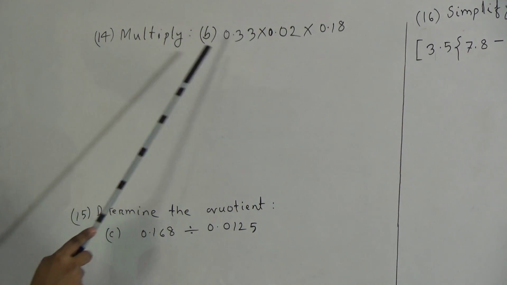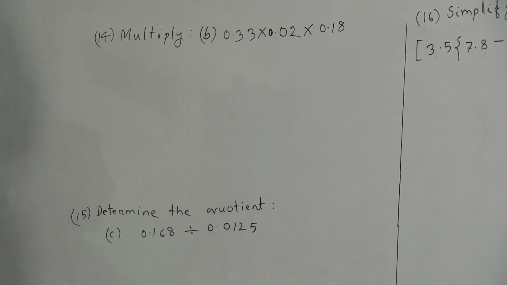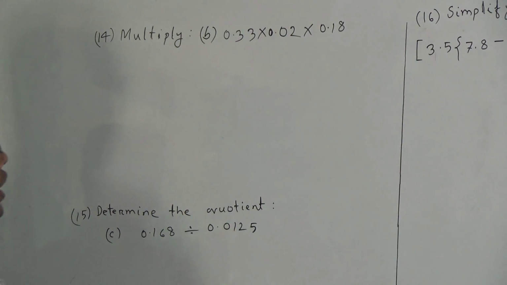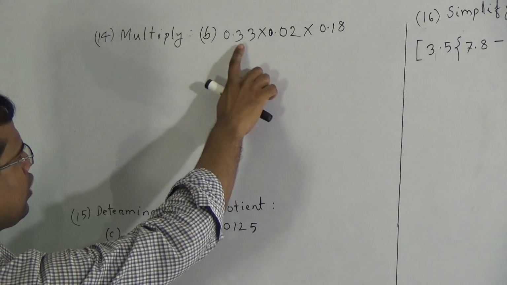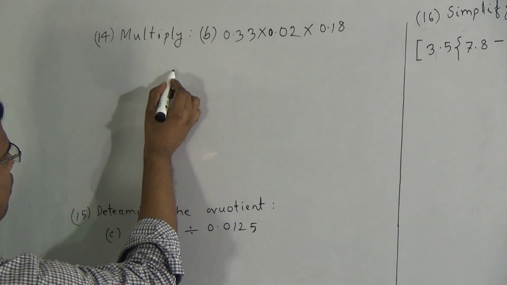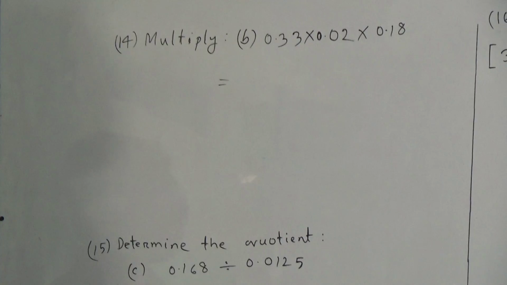Here we have to multiply 0.33 with 0.02 with 0.18. At first, we will multiply 0.33 with 0.02. Dear students, here we have to multiply two decimal numbers.